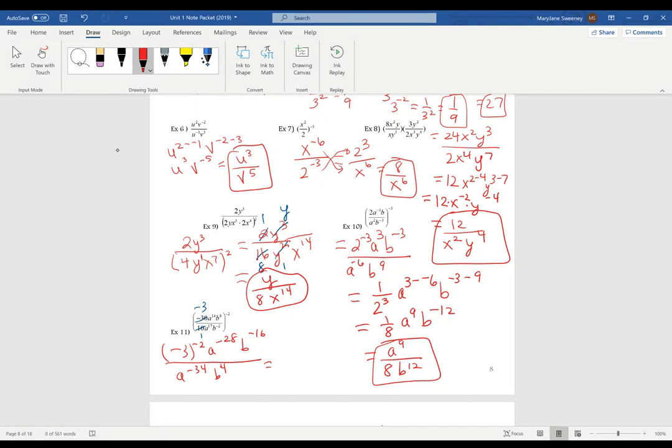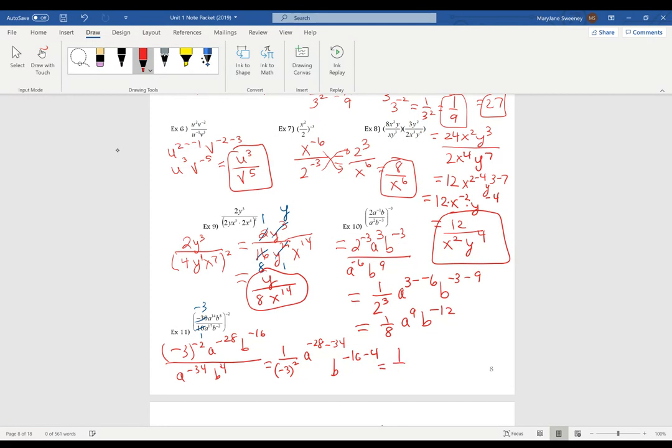Okay, so negative 3 to the negative 2 is 1 over negative 3 to the positive 2, right? The base is going to flip, the exponent becomes positive. This is a to the negative 28 minus negative 34, and this is b to the negative 16 minus 4. I'm going to erase this for right now so I have some room.